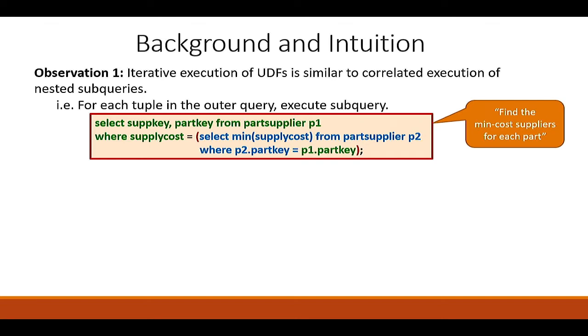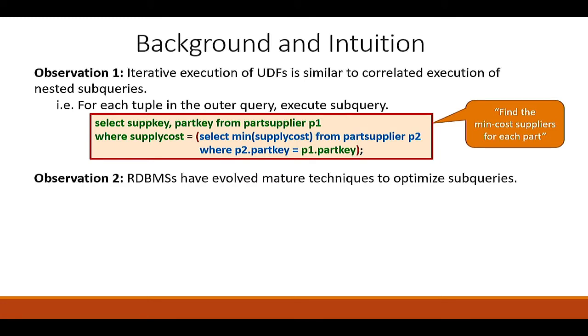So a correlated execution strategy says for each tuple in the green query, evaluate the blue query and then proceed, right? That is called a correlated evaluation, and this is considered to be an inferior strategy in subqueries, because you're doing a row by row iterative way of execution.